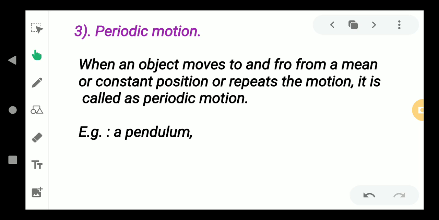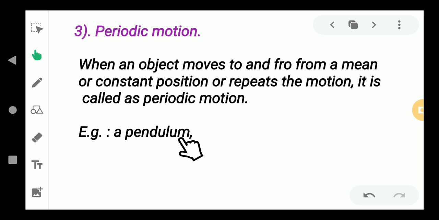The baby is moving on a swing, so we can say that the child is having a to and fro motion. The distance covered in each time interval is equal.